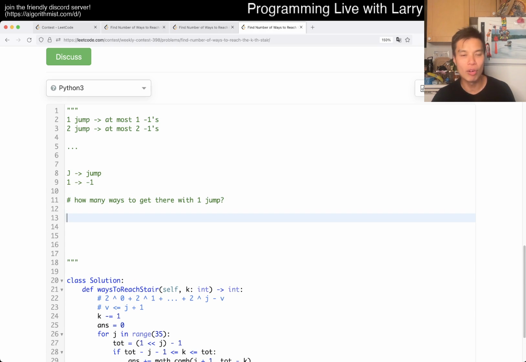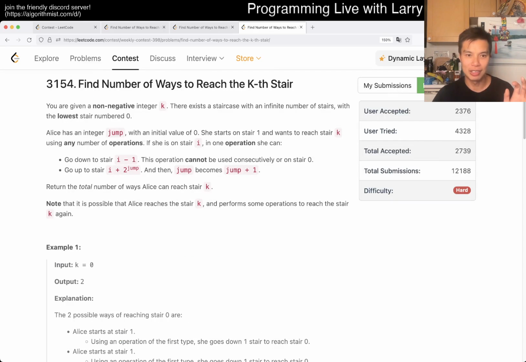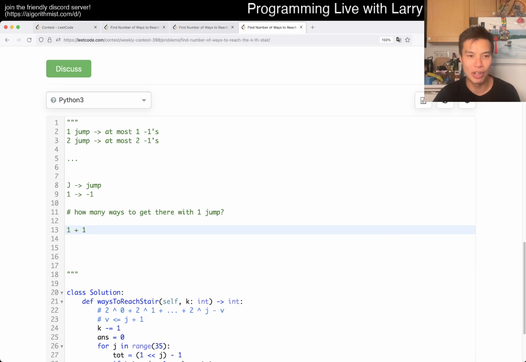So now, starting with 1, which is maybe where these constants come from, how many ways are there to get one jump? Well, with one jump, you get a +1 no matter what, right? Because the 2 to the 0, it's going to have one jump no matter what. So now we just calculate, well, how do you get to k?